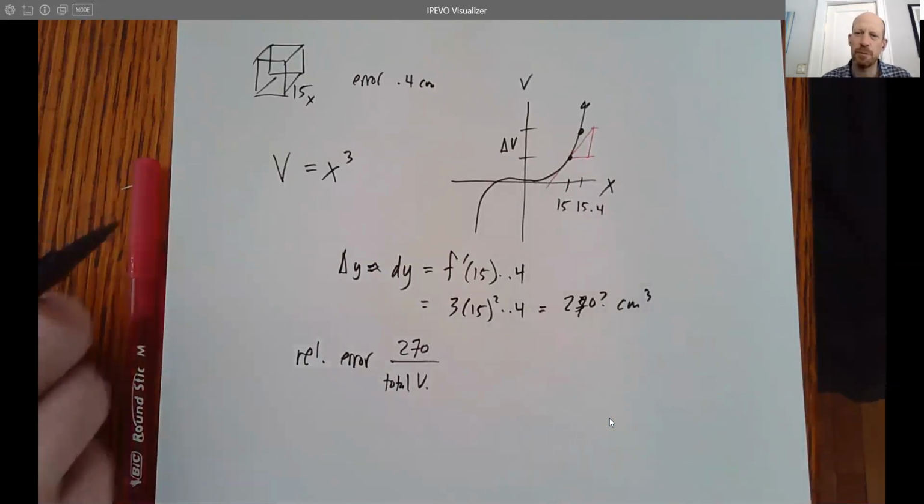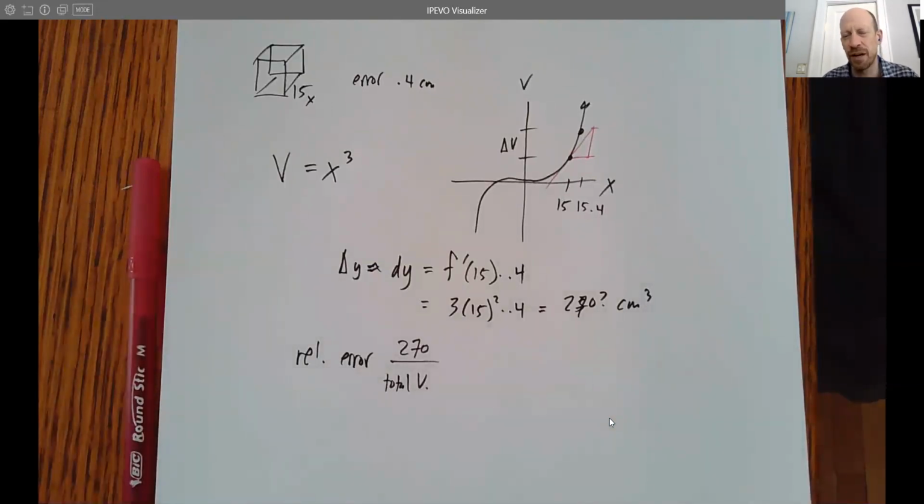And that's really a better measurement of what the error is. If you just say the error is 270 cubic centimeters, it's not all that useful. But if you say the percentage error, the relative error, is 0.4%, I say, that doesn't sound too bad, whatever it might be.